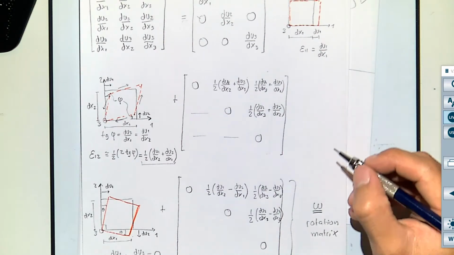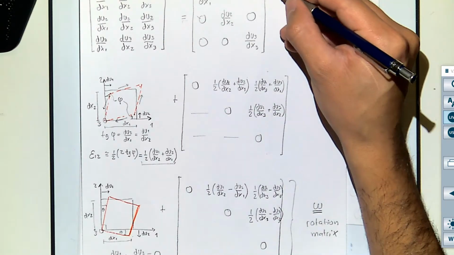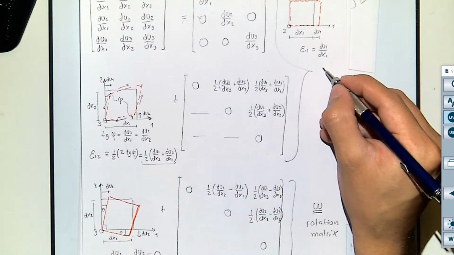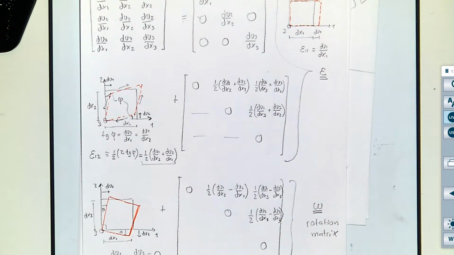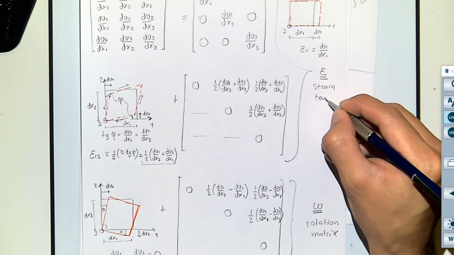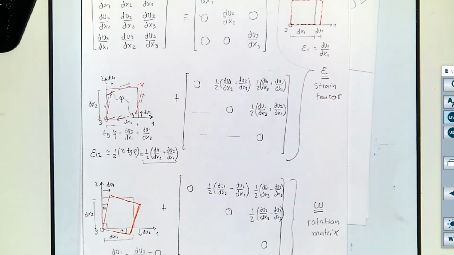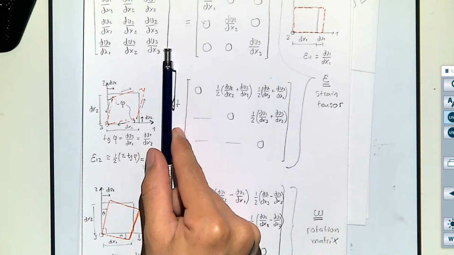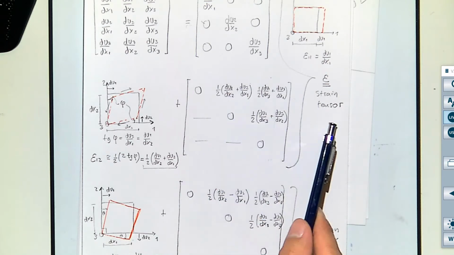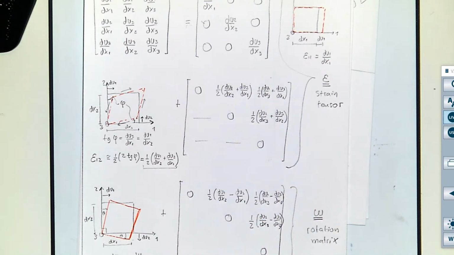And just these two over here are going to be the strain tensor. This is why we cannot use the Jacobian just by itself, but we need to do a few modifications to it in order to get the strain tensor.